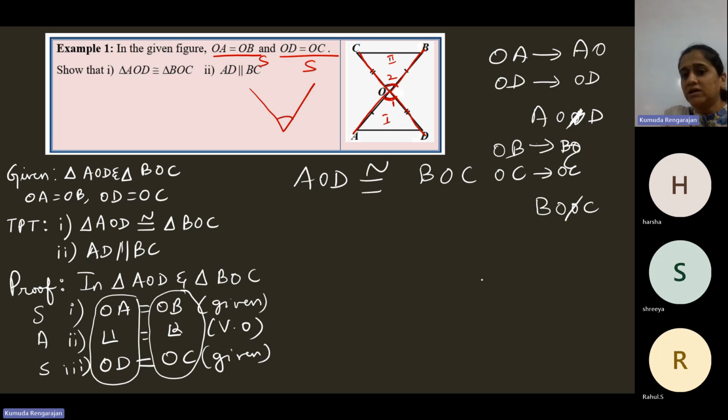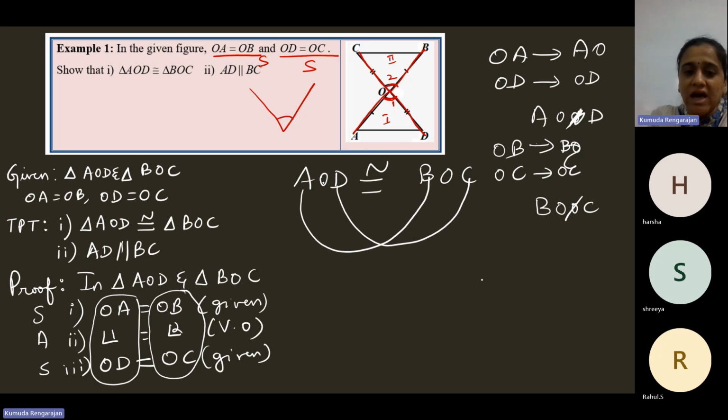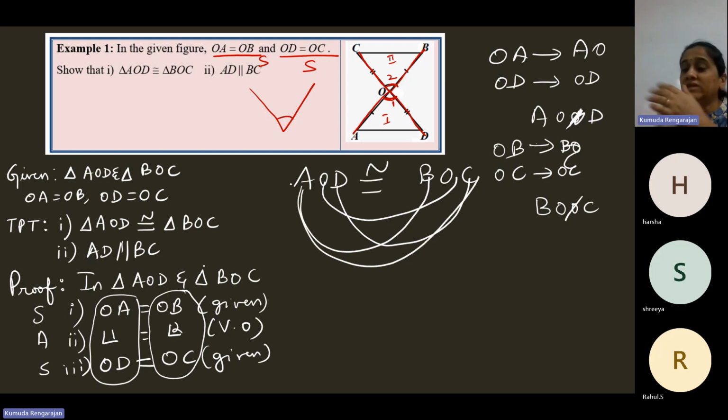So if you have paper cutouts of these two triangles, you must place the triangles in such a way that vertex A coincides with vertex B, vertex D coincides with vertex C, and vertex O coincides with vertex O. Only then do the two triangles coincide. If you place vertex A on vertex C, then they are identical triangles, but they will not coincide when you place them one over the other because you have not matched the vertices.